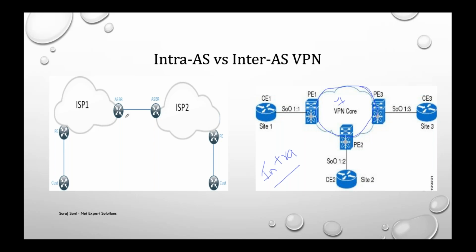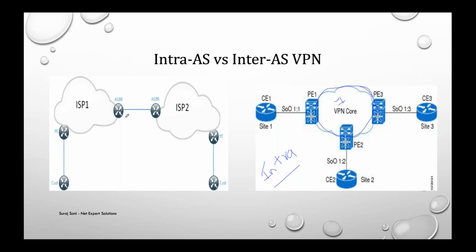Basically, I will subscribe to one service provider, and there I will also subscribe to one service provider, saying, hey, my other site is in the US, just provide me the connectivity. Now it is the service provider's responsibility to collaborate with some other service provider, maybe one or more than one, and provide me the connectivity from Singapore to the US.